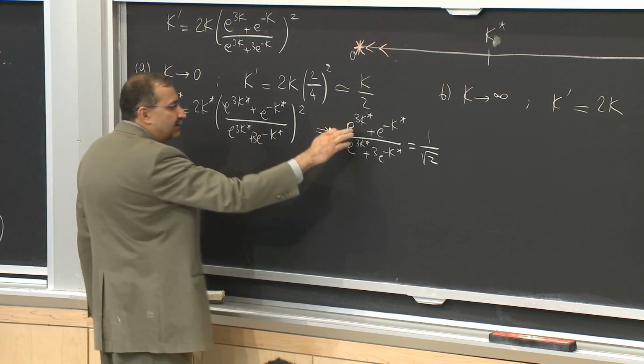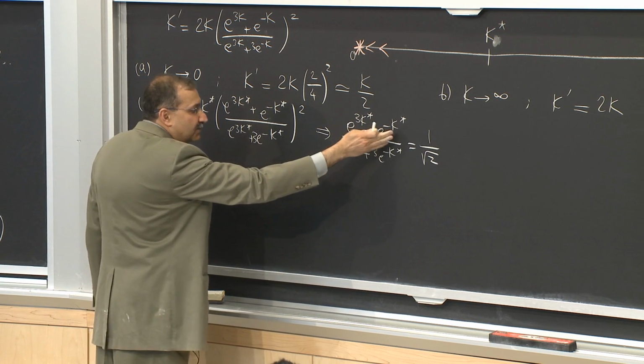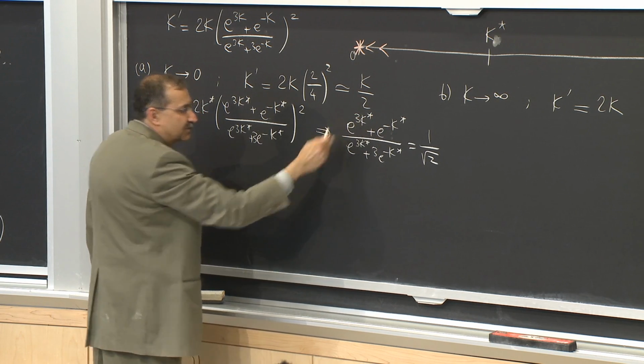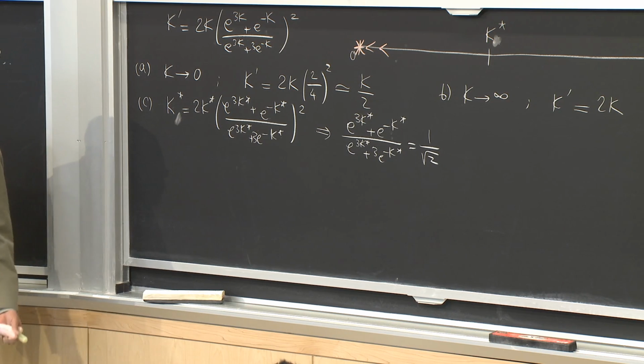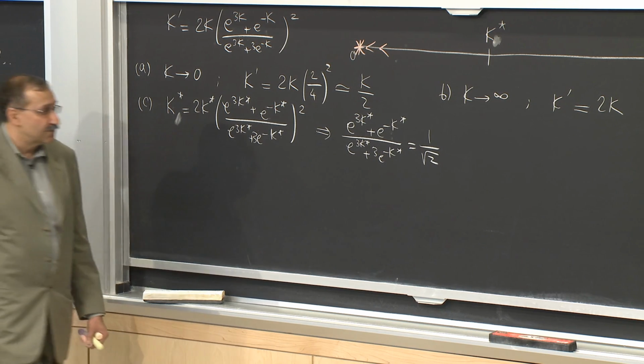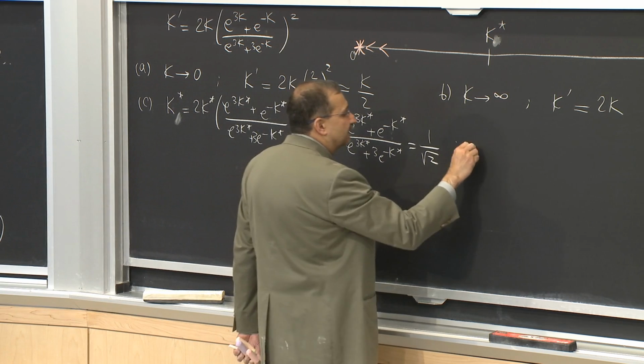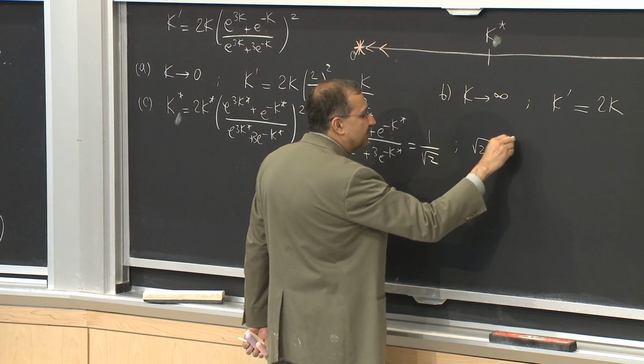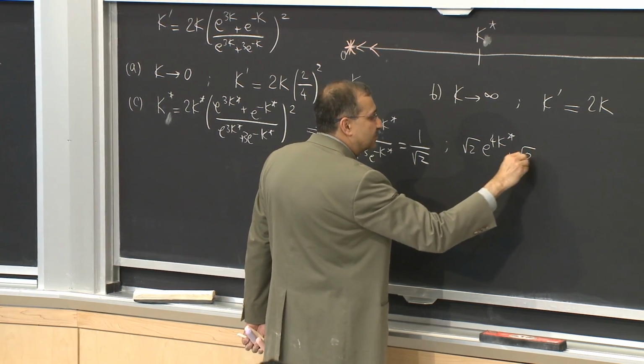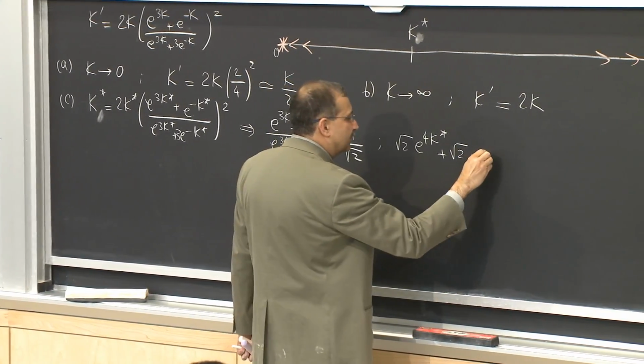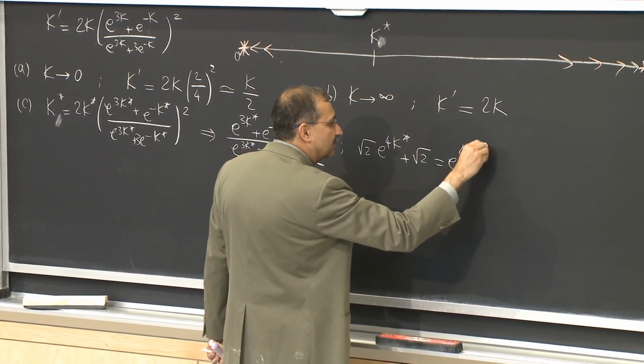I can multiply everything by e to the plus K star so that this becomes 1. And I will have an algebraic equation to solve for e to the 4K star. So I will get root 2 times (e to the 4K star plus root 2) is e to the 4K star plus 1.